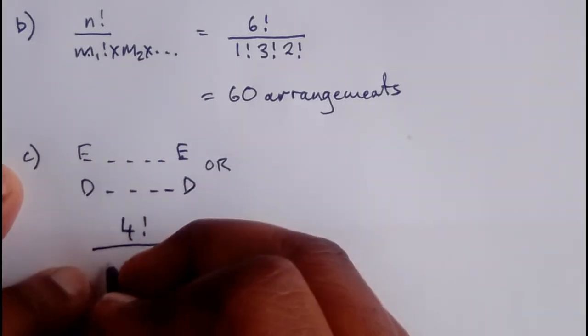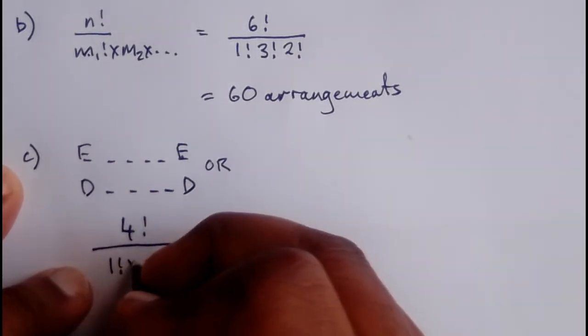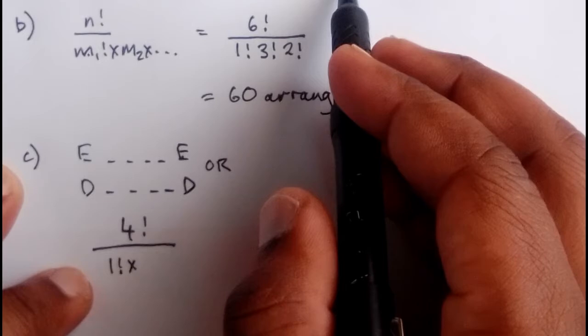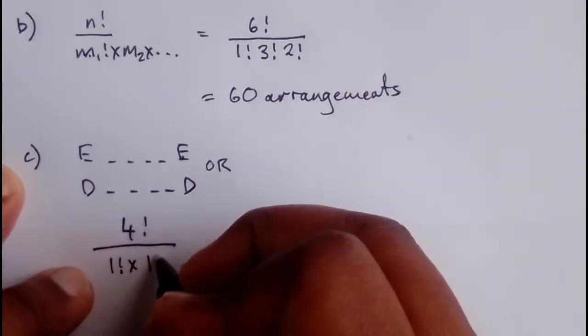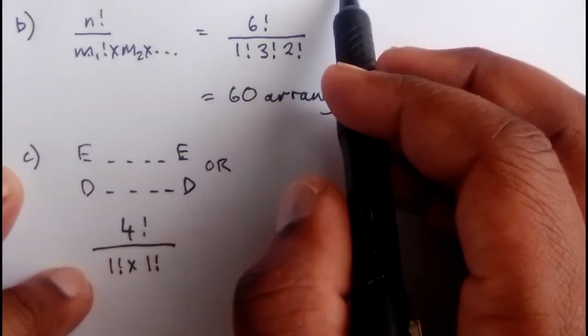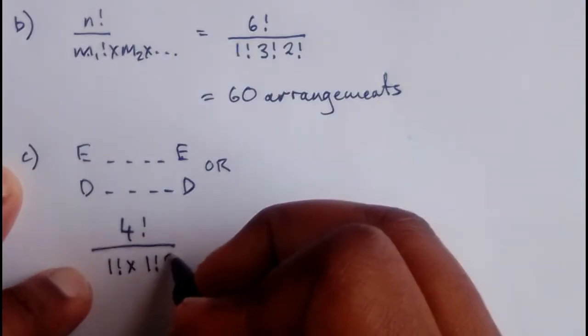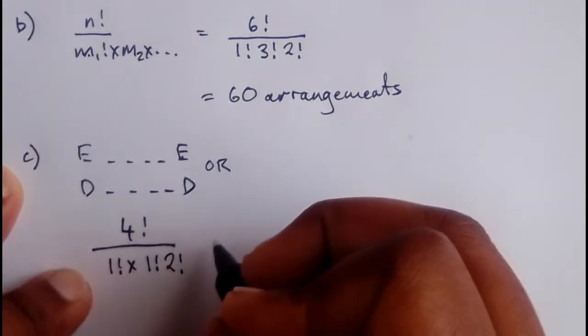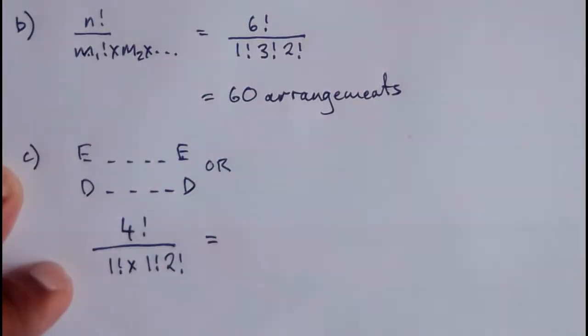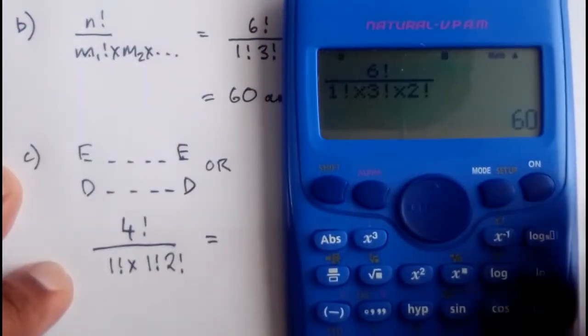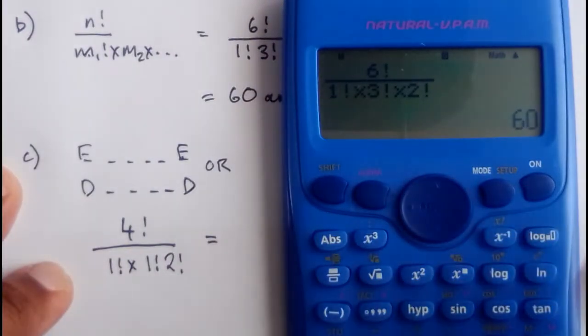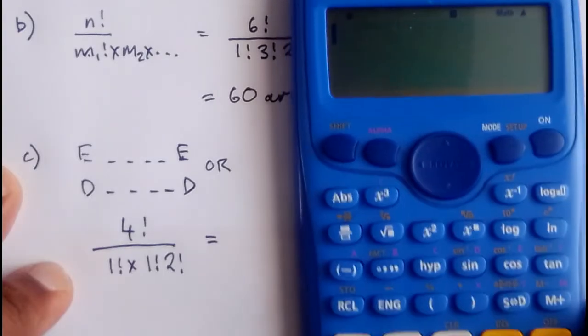How many n's do we have? We've got 1 n, times how many e's are left? 1 e is left. And how many d's do we have? We've got 2 d's there. Let's calculate this quickly on the calculator.